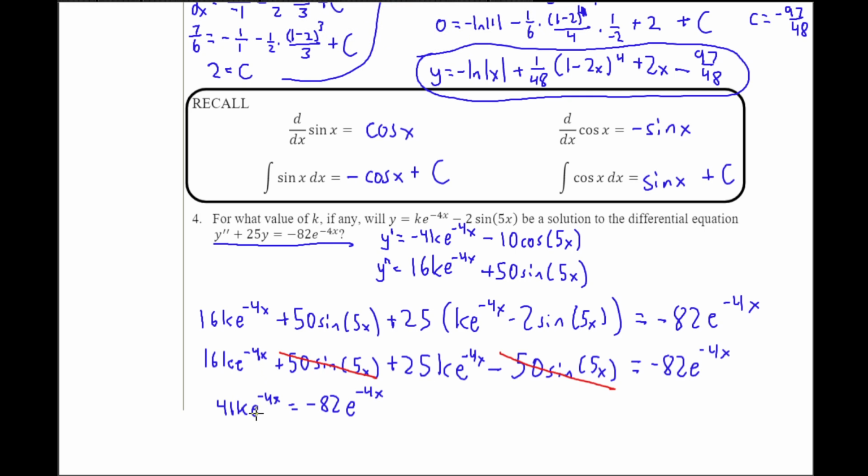There's an e to the negative 4x on both sides, so those cancel out, and you're left with 41k equals negative 82. Divide both sides by 41, and you get k equals negative 2. That's your answer. A lot of algebra in this one. If you need help, please let your teacher know.